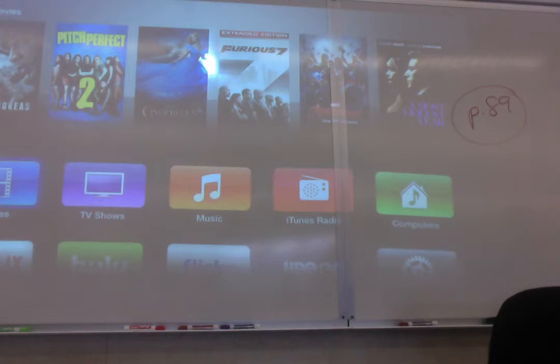Turn it up. 30 more seconds. Make sure you're doing D as well. D at the bottom of the page. Table? Figure out. So you just say it's between 4 and 6? 4 and 6.